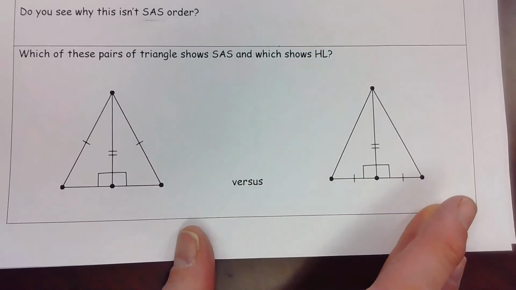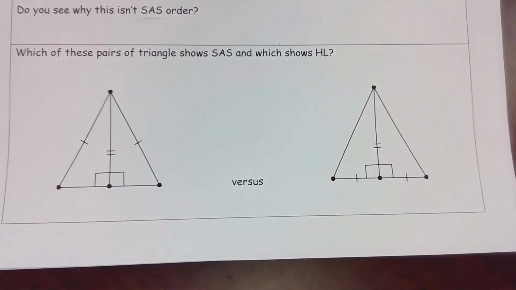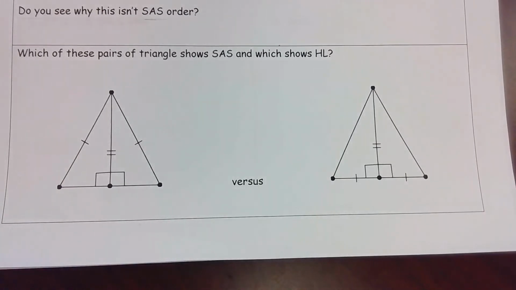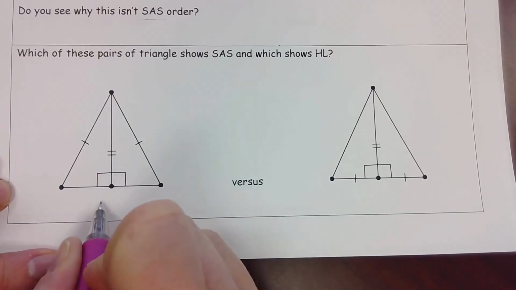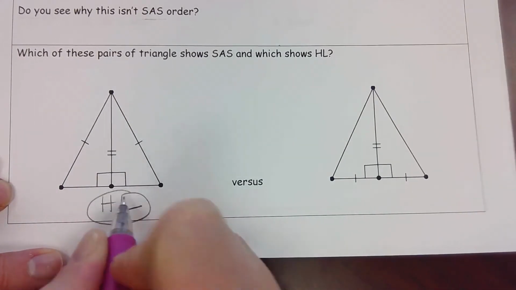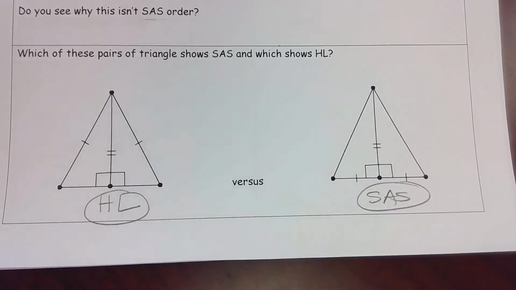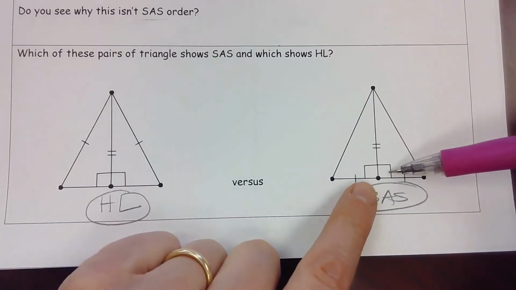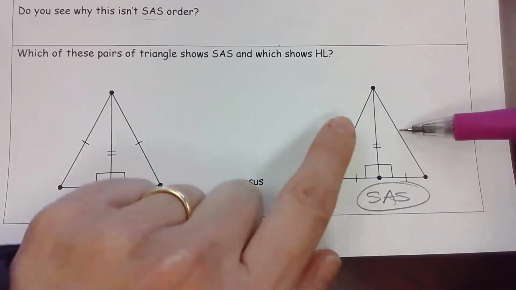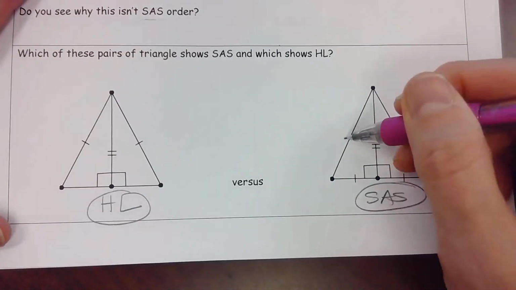All right, down at the bottom here, one of these triangles shows side angle side, one of them shows HL. I personally would pause the video and see if you can look at it for a sec and answer it. All right, there's HL and the side angle side. They're both right triangles. This one shows side angle side because you don't know anything about the hypotenuses.